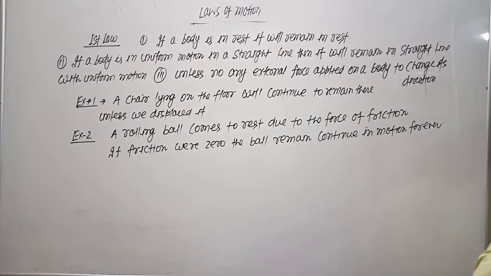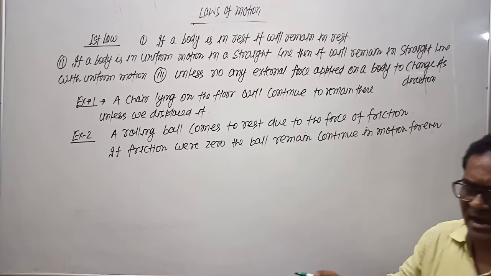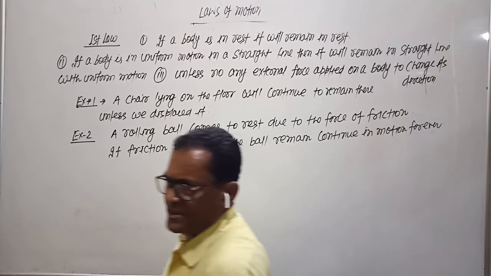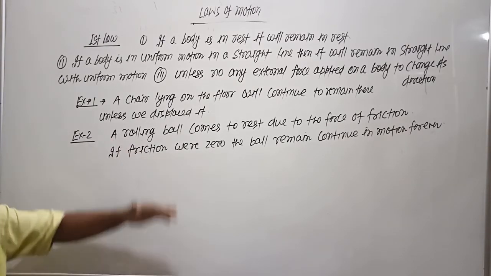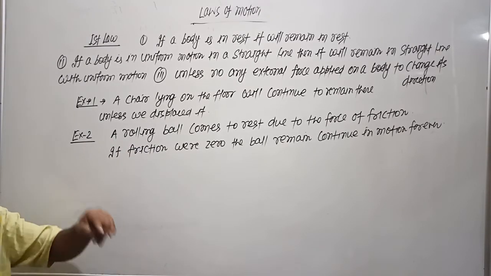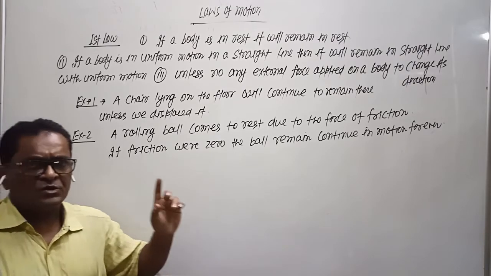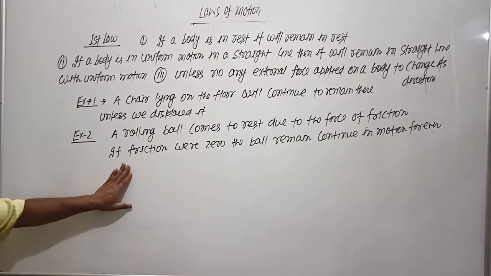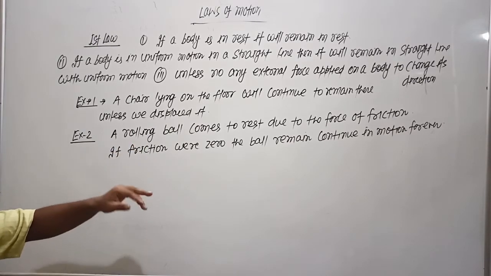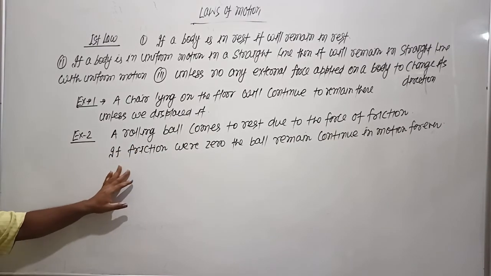So the second part of the first law was, if a body is in motion in a straight line with uniform velocity, then it will remain in motion in a straight line with uniform velocity unless an external force is applied. A rolling ball comes to rest due to the force of friction.